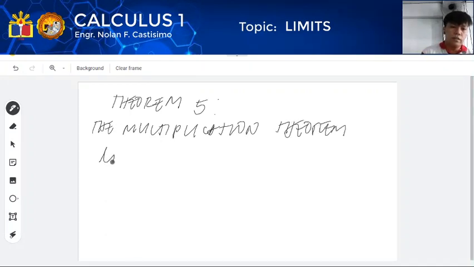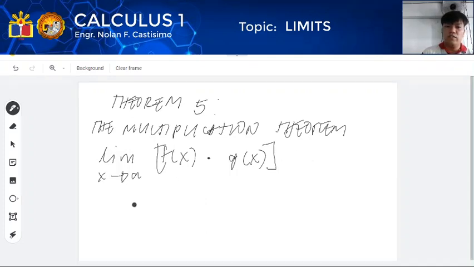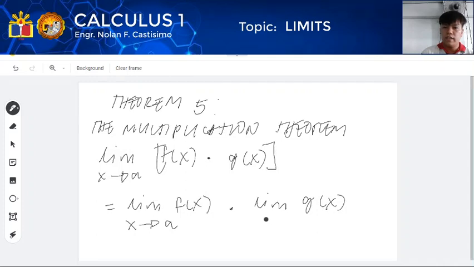So, limit of f of x times g of x as x approaches a is equivalent to, so paghiwalayin natin, limit of f of x as x approaches a times the limit of g of x as x approaches a.